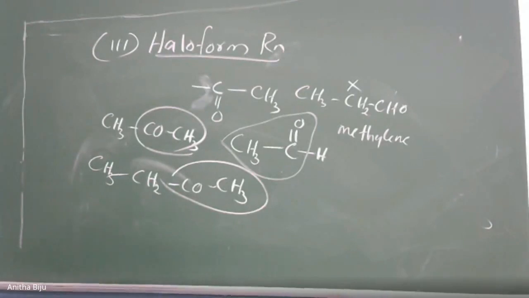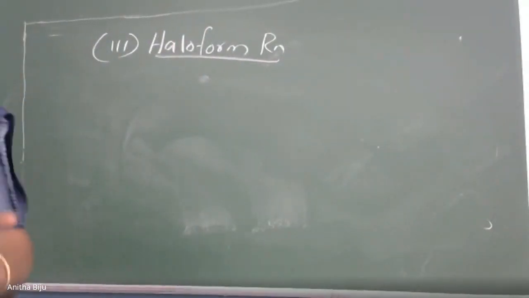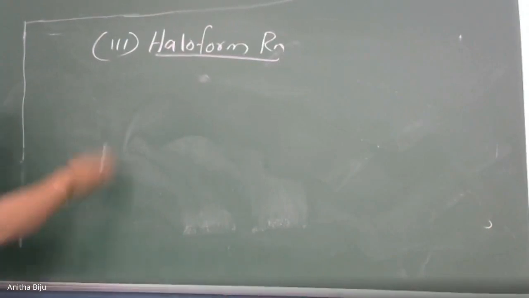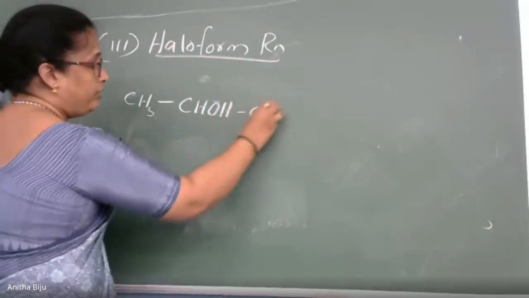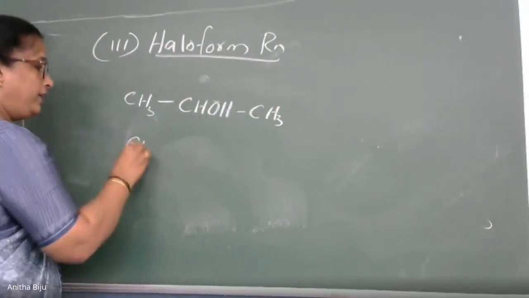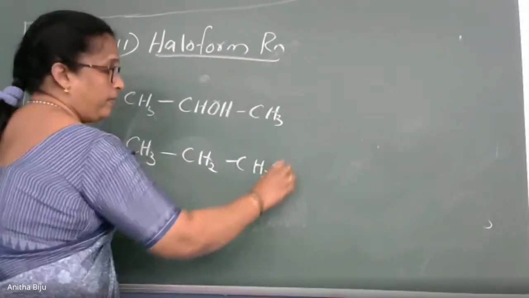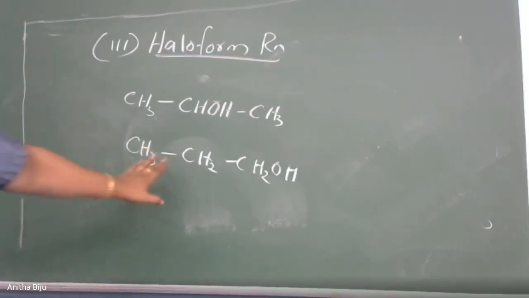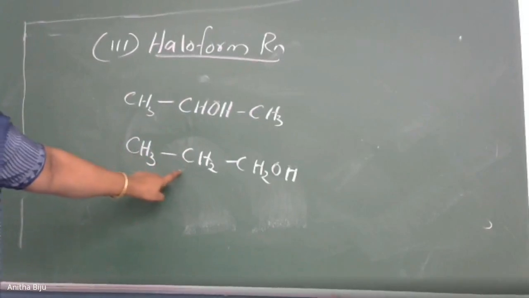Okay, this is the second category. Now I will talk of an alcohol which on oxidation gives a compound that contains a keto-methyl group. Wait. I will first write propanol, CH3CH(OH)CH3, and another propanol, CH3CH2CH2OH. Look, both are propanol. This is propan-2-ol and this is propan-1-ol.